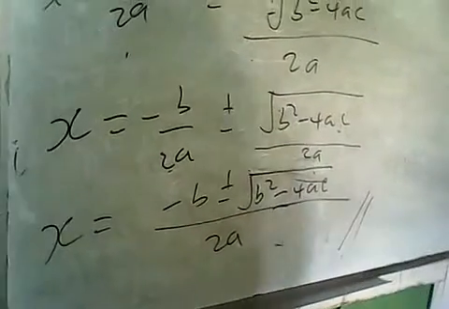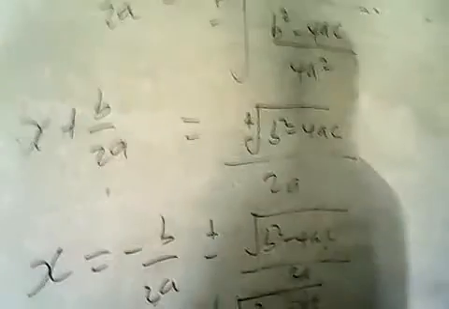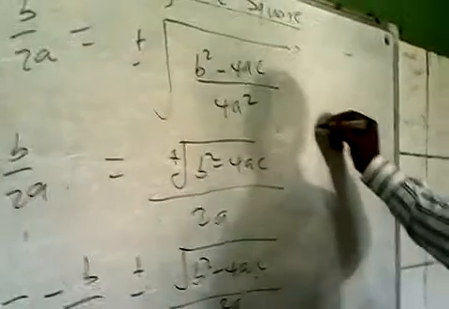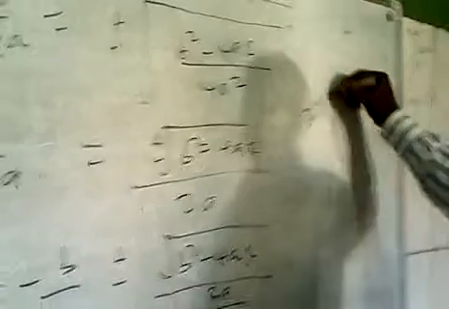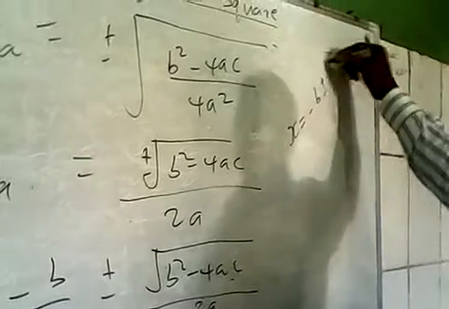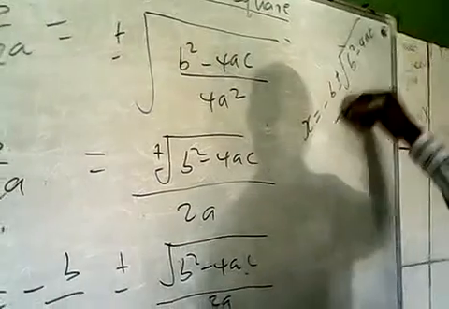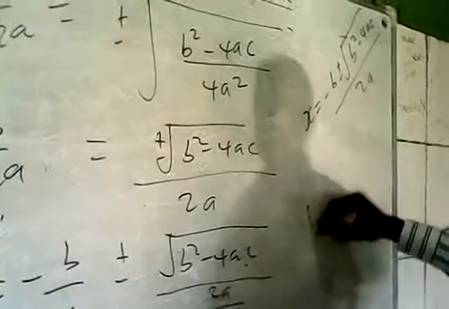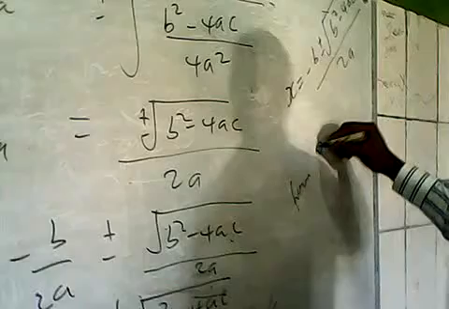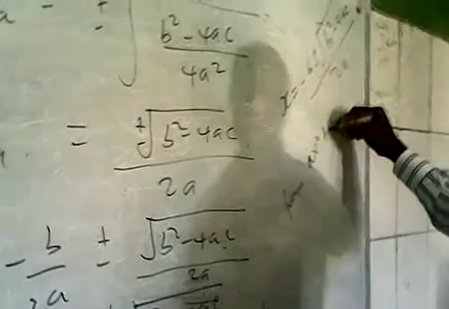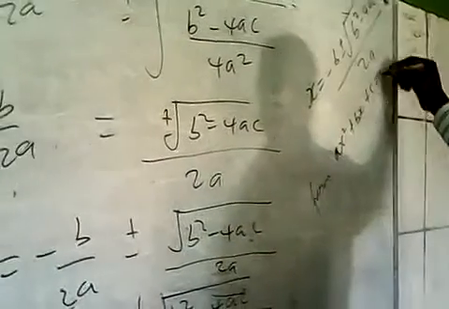We have successfully shown that x is equal to minus b plus or minus root b squared minus 4ac all over 2a, from the given equation ax squared plus bx plus c equals 0.